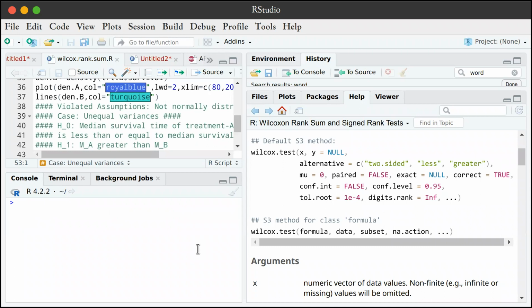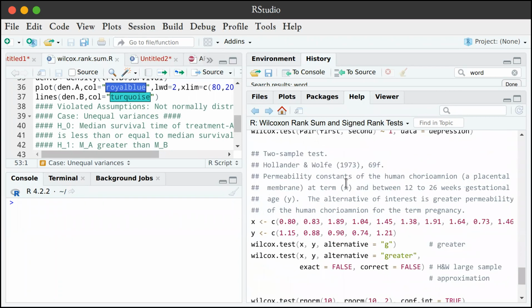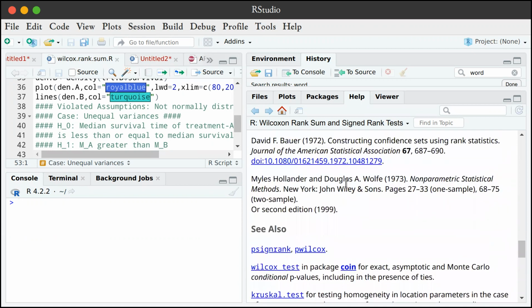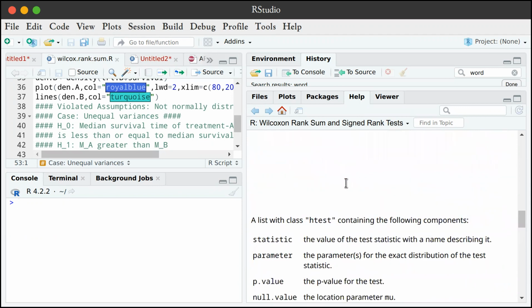Everything is done internally. We don't have to worry about all of this stuff, because... I forget. Let me look at the article. Yes, it has the modified version.